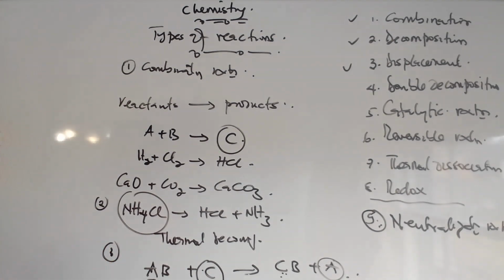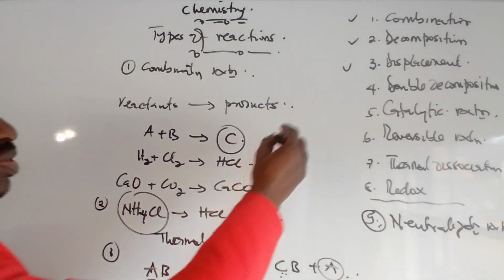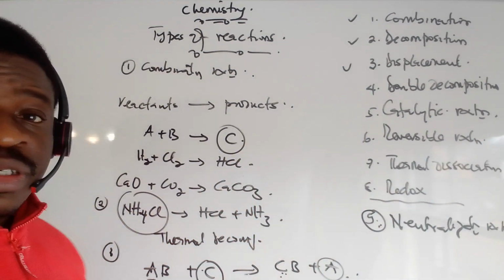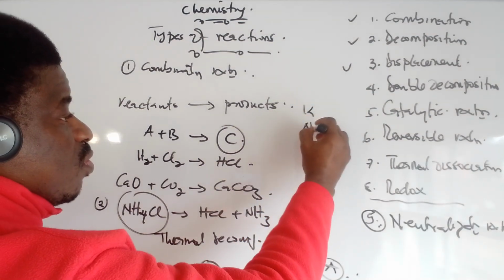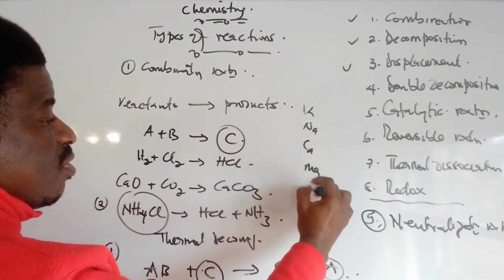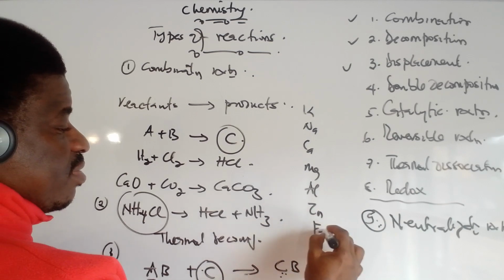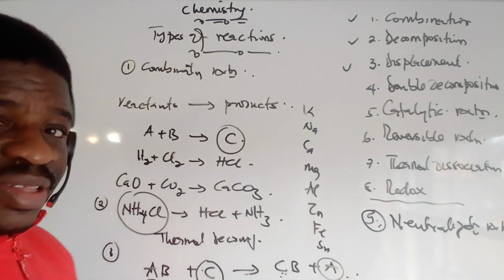In displacement reaction, you have to know the electrochemical series. For the electropositive, it goes: potassium, sodium, calcium, magnesium, aluminium, zinc, iron, tin, lead, mercury, silver, gold.